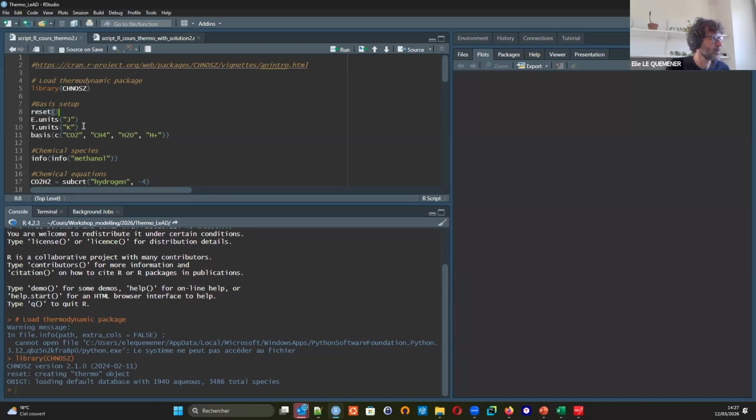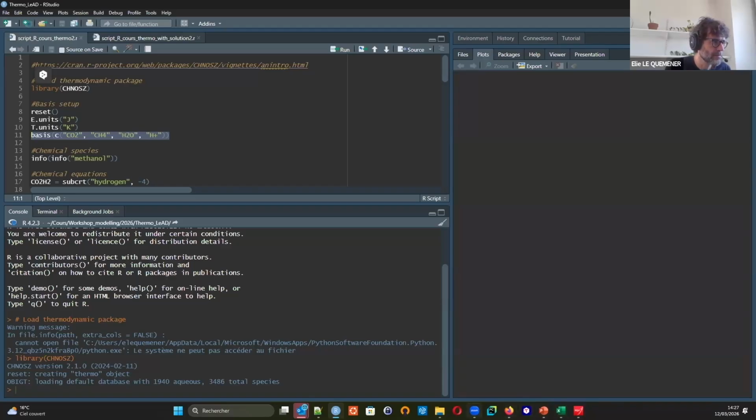I specify the units I want, which in my case is joule for energy units and Kelvin for temperature units, because I think by default it's calorie for energy, and for temperature I'm not sure, but maybe Celsius degrees. And then I define the default molecules for my reaction, which in that case are CO2, CH4, H2O, and H+. What does it mean? It means that the advantage of this package is that it will also allow you to compute all the stoichiometry of the reaction.